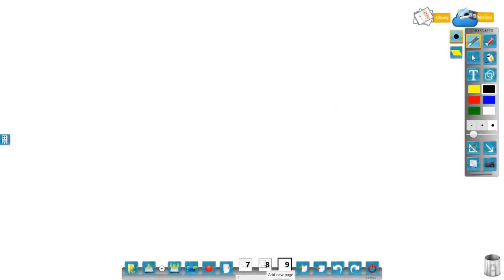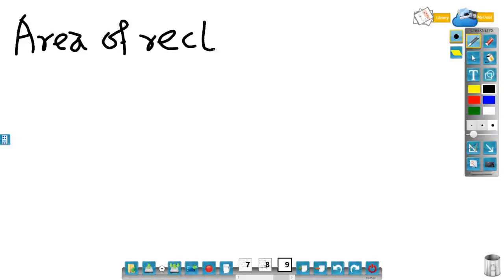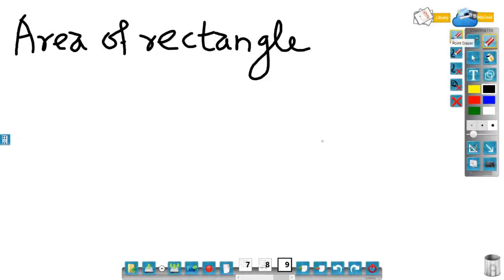Now similarly, the area of the second rectangle, I should say.